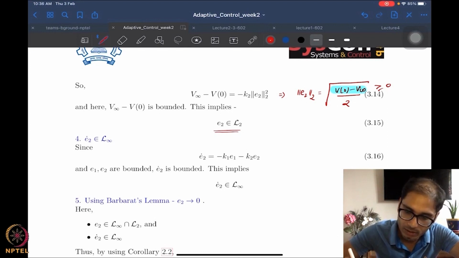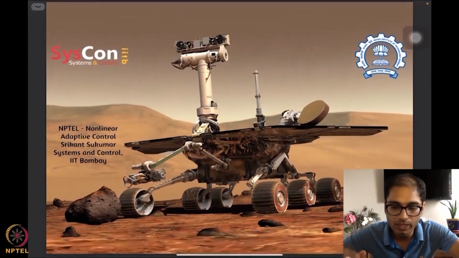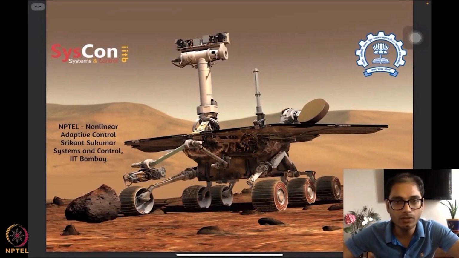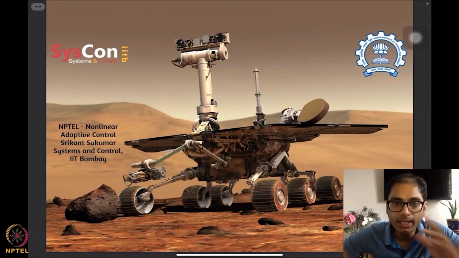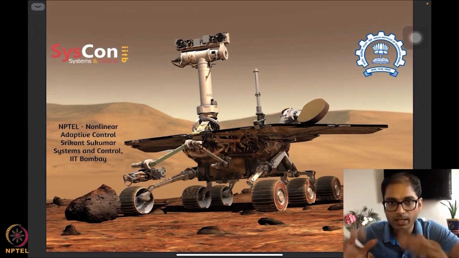Excellent. So I want to summarize what we did today. We will continue with more of our discussion next time. Today we started our signal chasing analysis. We saw that Barbalat's lemma can only prove asymptotic convergence and cannot tell us anything about the behavior of the function for times less than infinity.